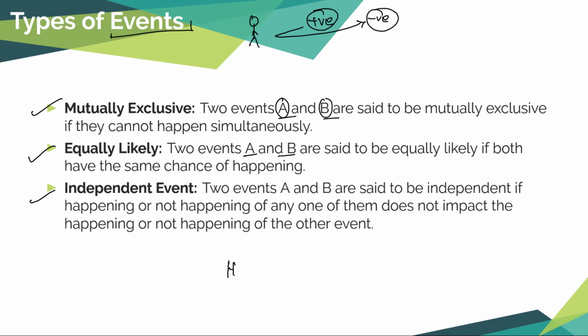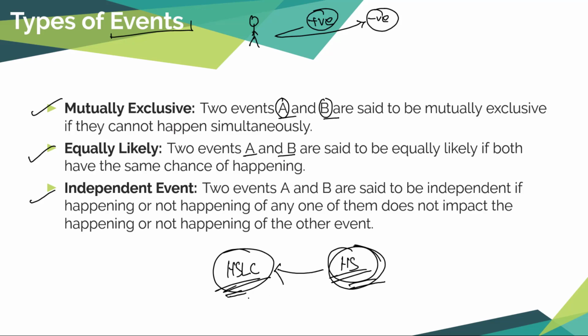So HSLC is an event and HS final examination is an event, right? We cannot say that these two events are independent because a person cannot appear for the HS examination until and unless he or she passes the HSLC examination. So the HS examination is dependent on the result of HSLC, right? So this type of event is called a dependent event.